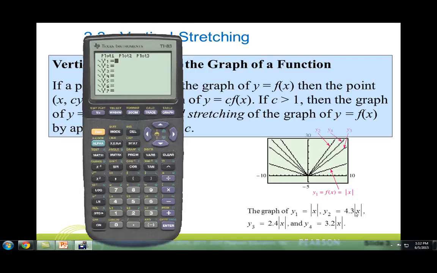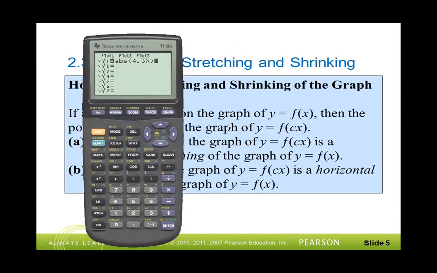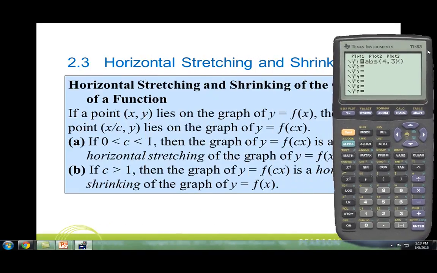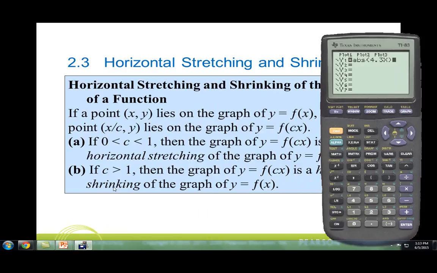However, in my calculator, if I were to enter the absolute value of 4.3x, this will result in a horizontal shrink because the number I'm multiplying x by is greater than 1. So I'll graph, and this would be a horizontal shrink.